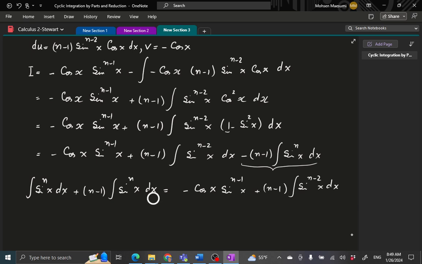How do we add these two? I have 1 of this thing and n minus 1 of the same thing. When you add them, 1 plus n minus 1 becomes n, so n times the integral of sine to the power of n of x dx is equal to minus cosine of x sine to the power of n minus 1 of x, plus n minus 1 times the integral of sine to the power of n minus 2 of x dx.